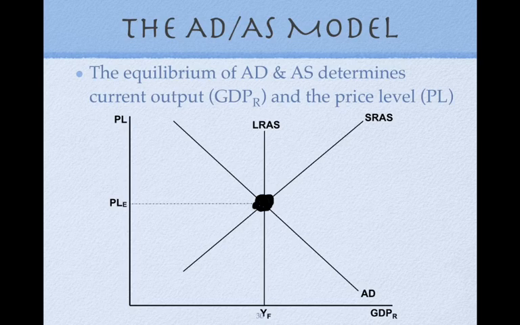And this is showing us the equilibrium of aggregate demand and aggregate supply. And it really helps us determine the size of GDP within the economy, as well as the current price level for the aggregate economy.